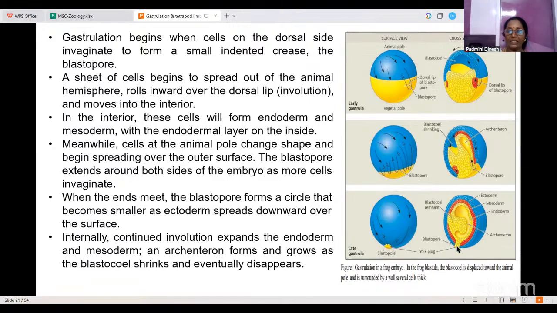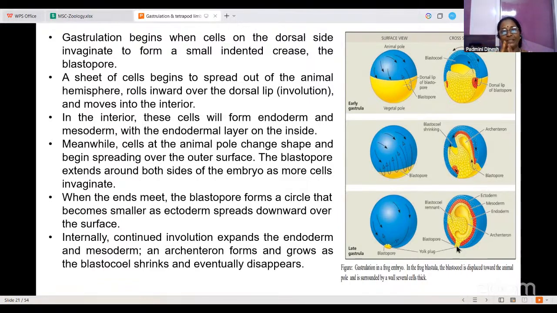Now, this small circle is going to be called a yolk plug. It is called a yolk plug because this plug is the one that is going to be in contact with the yolk of the egg. So that is the yolk plug where nutrition has to come for the development of the frog, because if you remember, during the development of the embryo, the mother is not going to give nourishment.